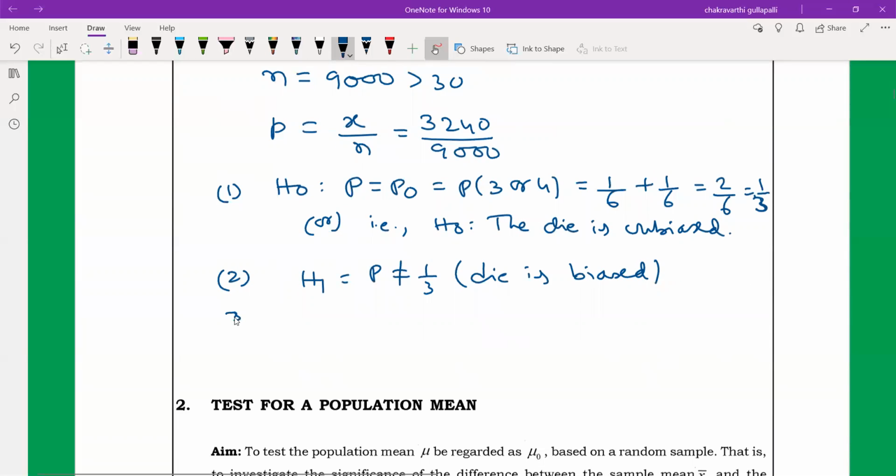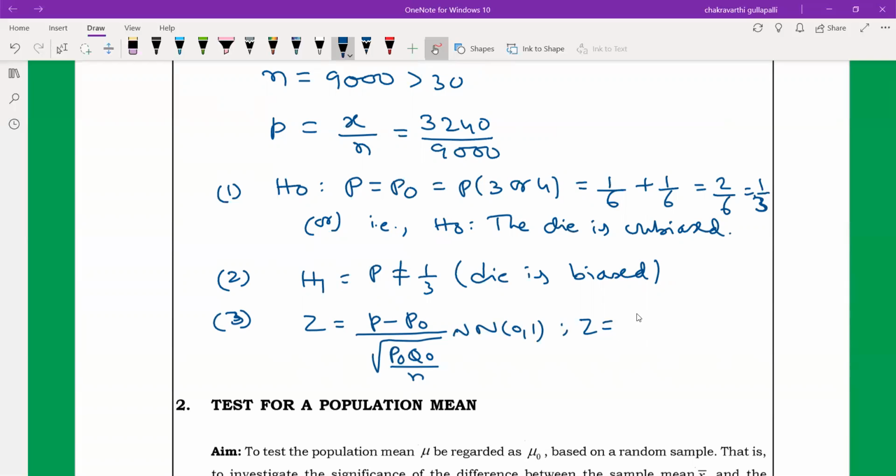Now, test statistic. Z formula: small p minus P naught divided by square root of capital P naught, capital Q naught by n, follows normal 0, 1.